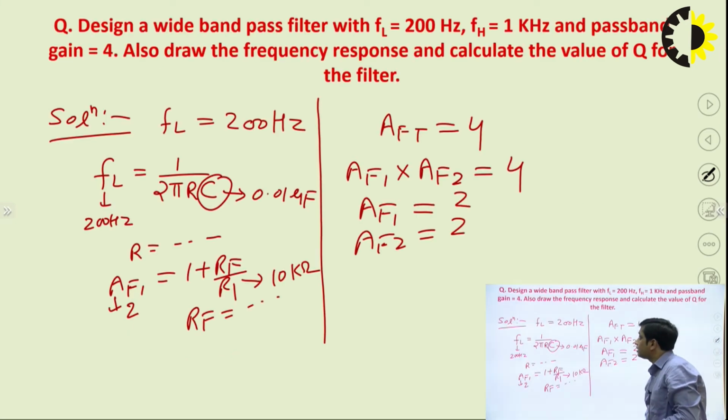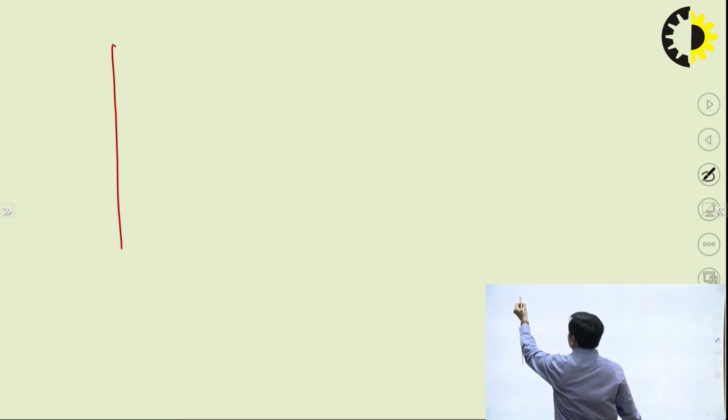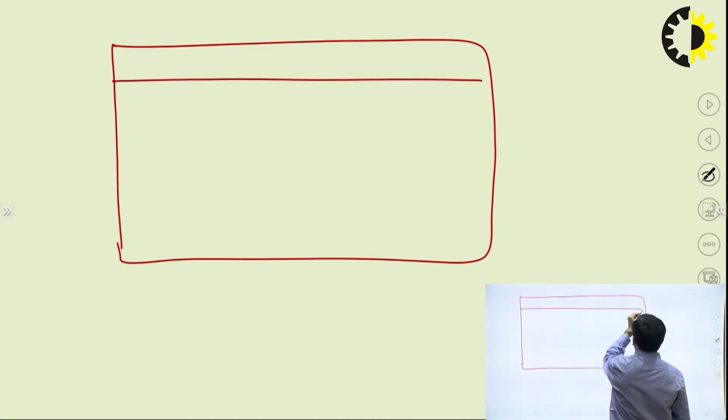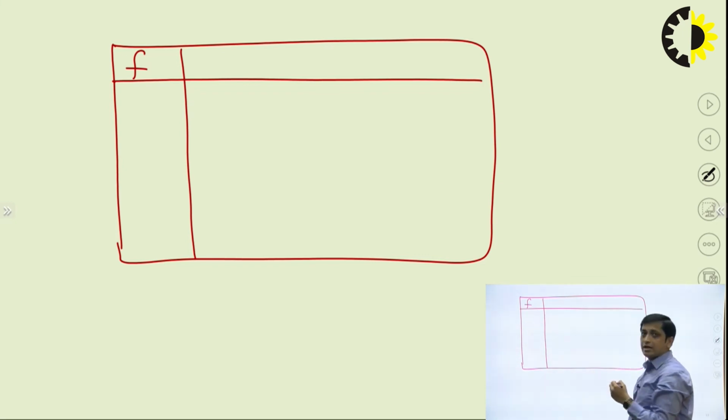Now coming to the next part of this question, that is draw the frequency response. To draw the frequency response we need to draw this observation table. In the observation table the first column will be frequency F. Frequency F is the frequency of the input signal, right?